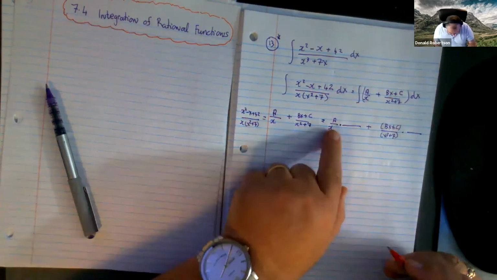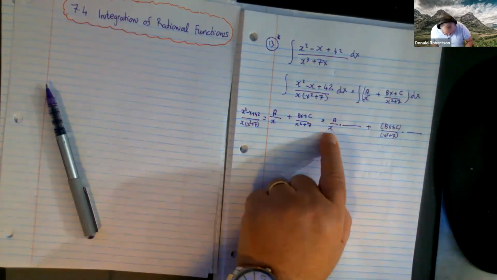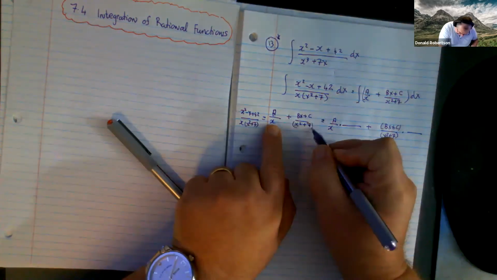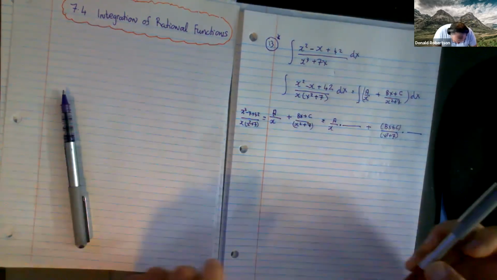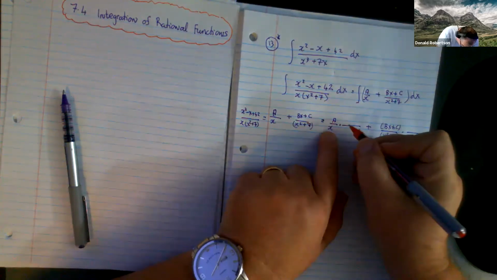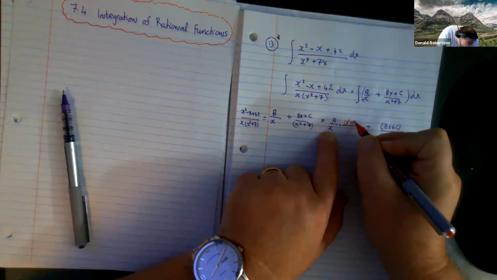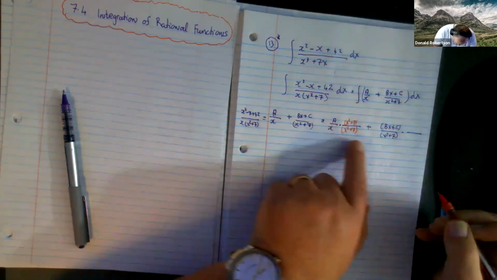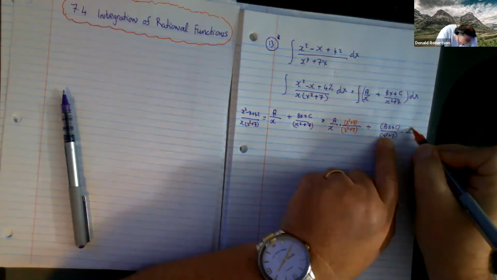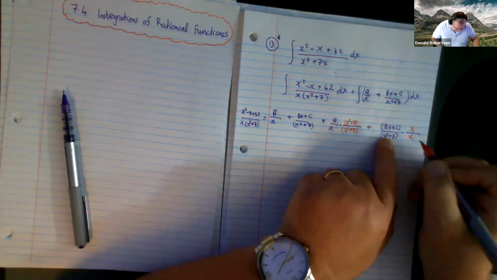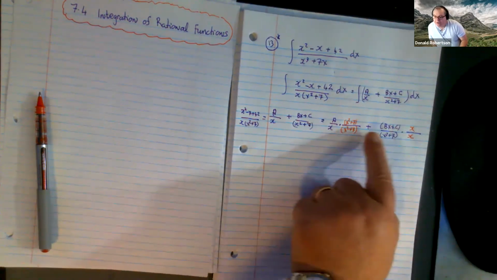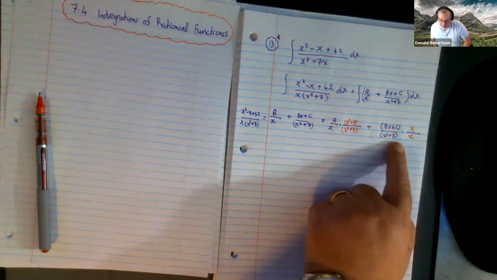So A over x, right? And the common denominator is going to be x squared plus 7. This one's got an x, so I'm going to multiply it by the special version of 1 called x squared plus 7 over x squared plus 7. This one's got an x squared plus 7. I'm going to multiply it by the special version of x over x. Are you happy about these two special versions of 1 that are going to allow us to add these together?